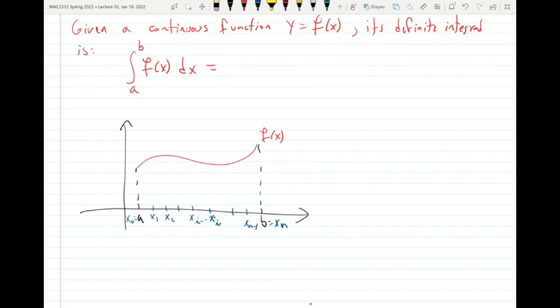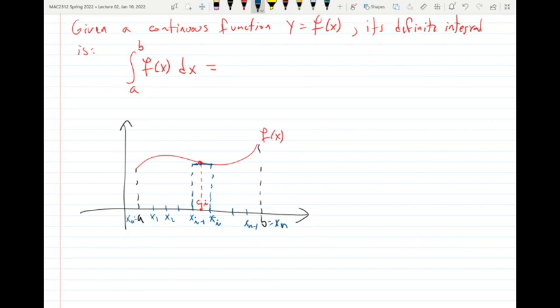So x i minus 1, xi, just pick a point in there, whichever you want. Sometimes we pick the left point, sometimes the right point or the midpoint. I'm going to call it ci, and I'm going to evaluate the function there, and that will be the height of a rectangle with base the interval xi. And we're going to do this for every little interval.